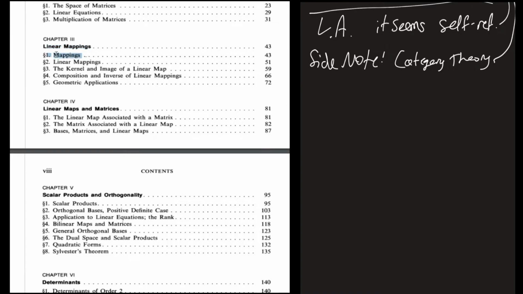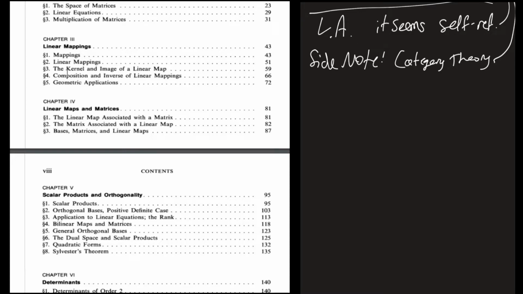All right. Chapter 3, linear mappings. So let's see. Of course we have mappings, linear mappings. See, I like that. I'm curious to see what that's going to be about. I think this is the best way to introduce mathematical content: here's the general definition, and then here's what we're going to talk about, the linear versions of these. I think it's the best way to understand general theorems and definitions.